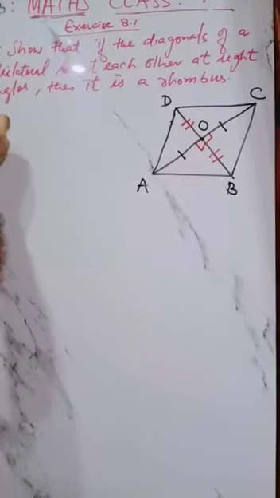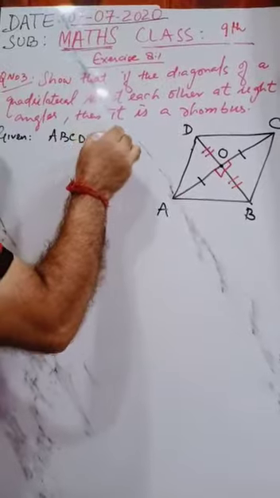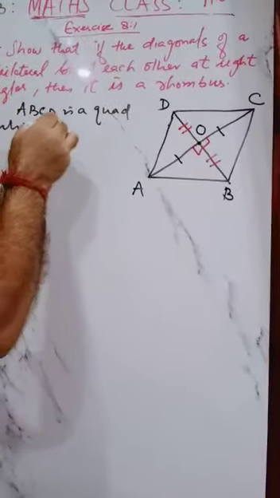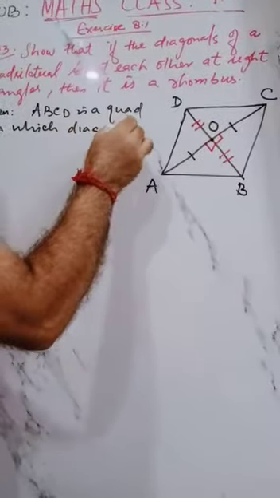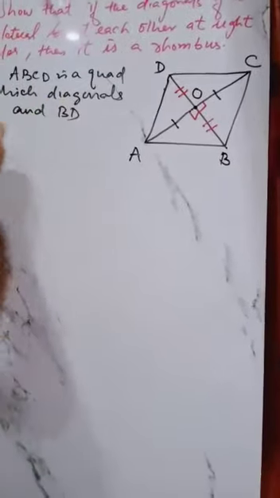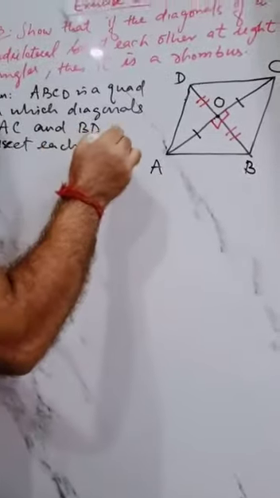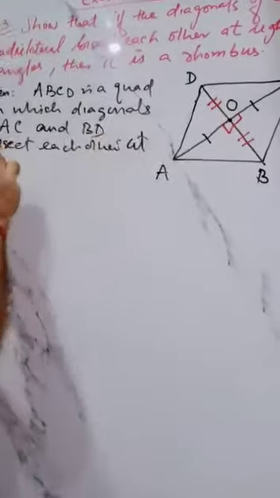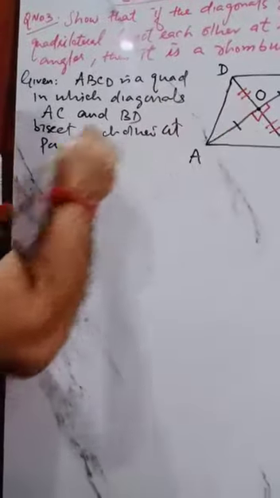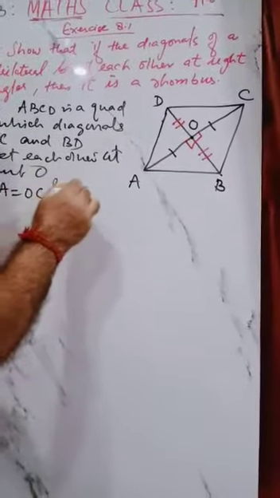So first, what you will write is, given: ABCD is a quadrilateral in which diagonals AC and BD bisect each other at point O, that is, we have OA equal to OC and OB equal to OD.